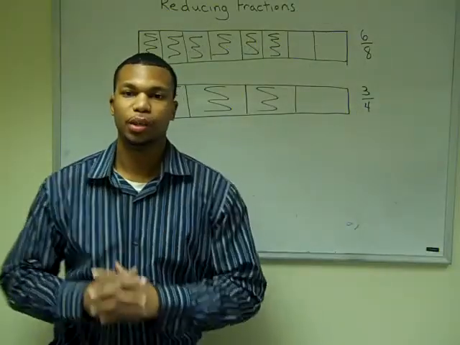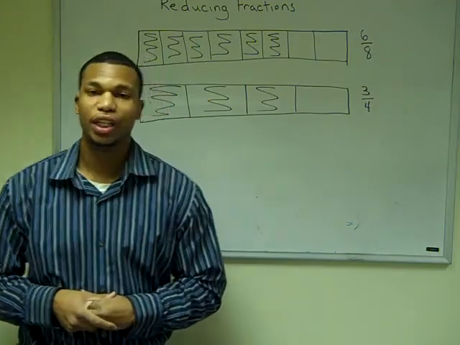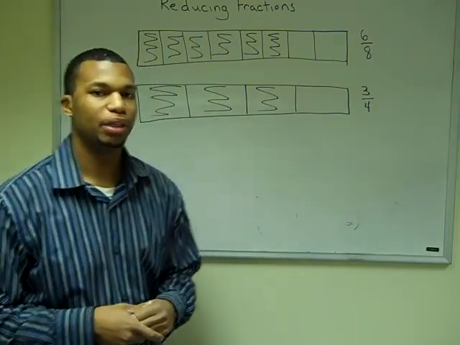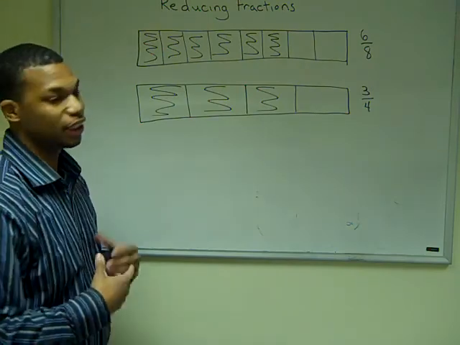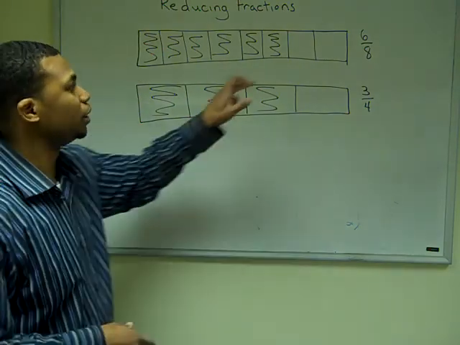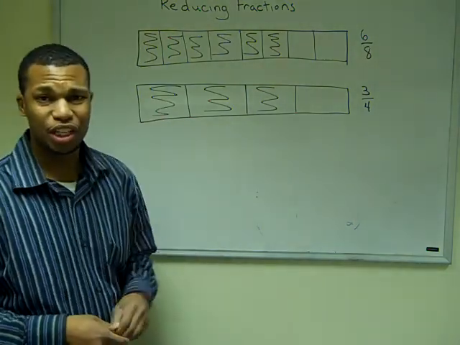Now we're going to start talking about reducing fractions. To explain what reducing fractions is, I have an example behind me. Let's first look at the fraction bar with 6/8. It's 6/8 because the bar is cut up into 8 individual pieces, and out of the 8 we have 6 of them shaded in.